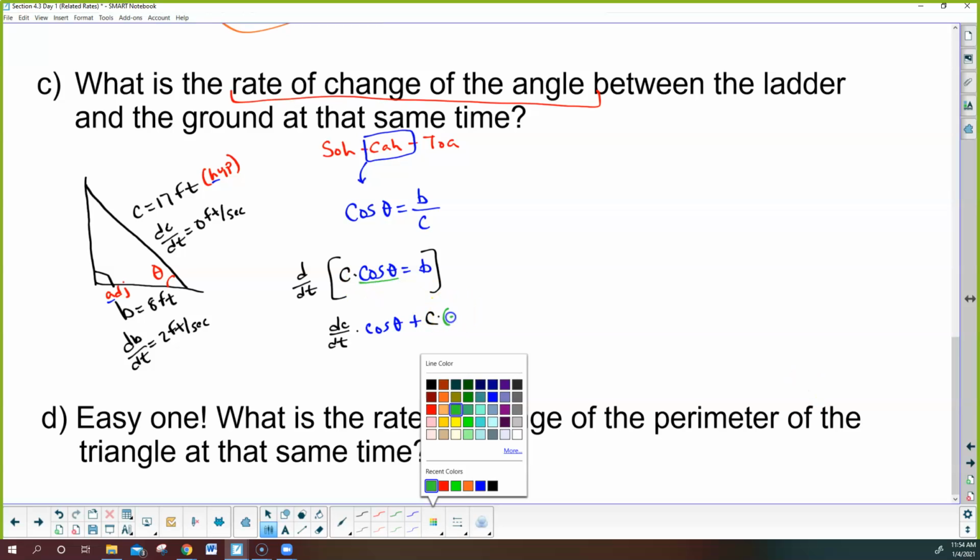Well, the derivative of cosine is negative sine theta. But then we have the chain rule, right? Theta's on the inside, so I have to take the derivative of theta, which is d theta dt. That's the rate at which the angle is changing, which is what we want to find, right? The rate at which the angle is changing. So I want to find d theta dt.